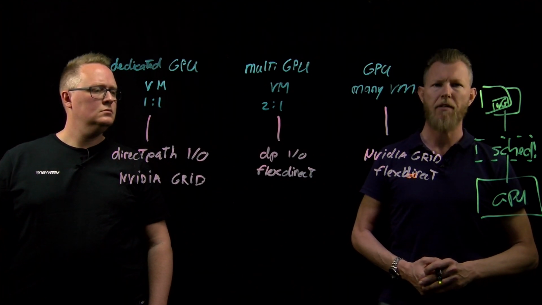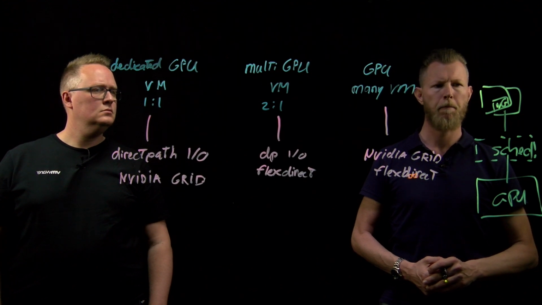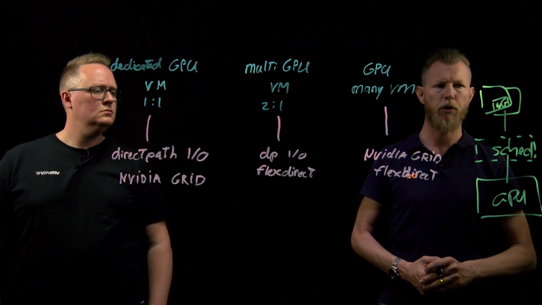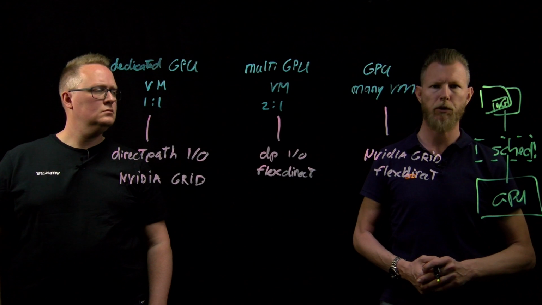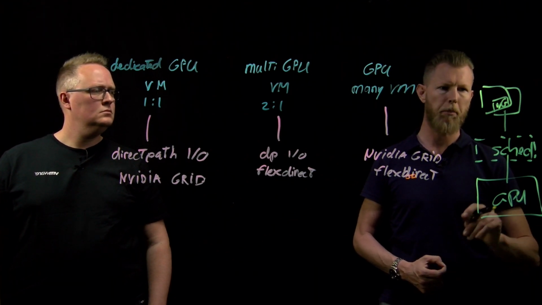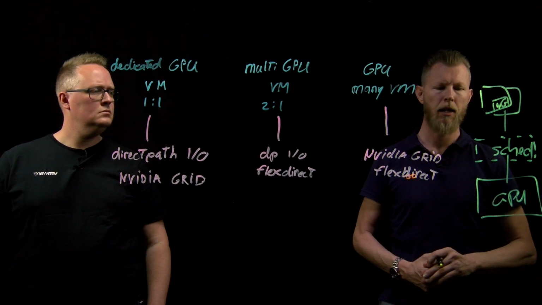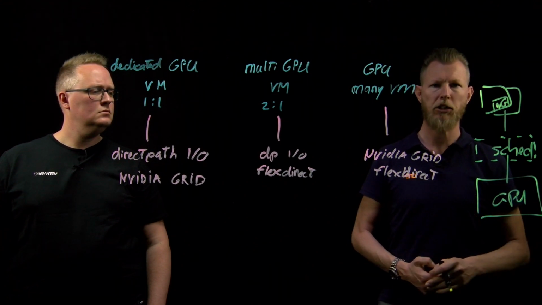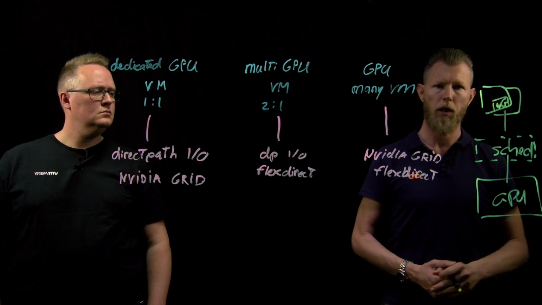In case of the best effort, like it says, if your virtual GPU requires a bit of computation, it will get that. But as soon as you don't require that, you will be put out of the scheduler, and other VMs will get that.